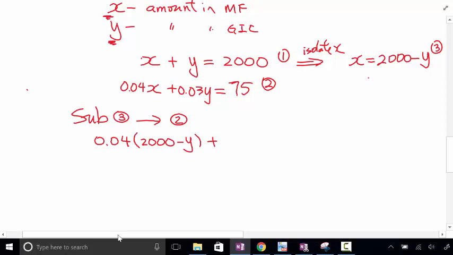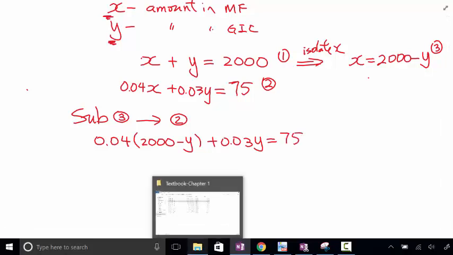Plus 0.03y is equal to what? 75. Beautiful. Well, now I only have one variable, which is the y. So what can I do now? Isolate y. Rearrange it so I can isolate y.